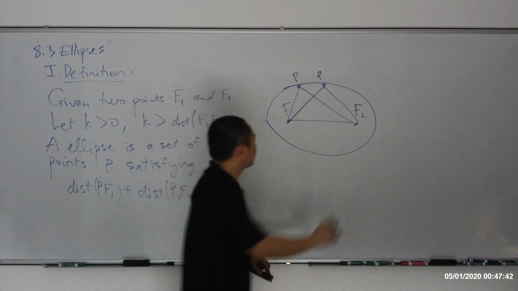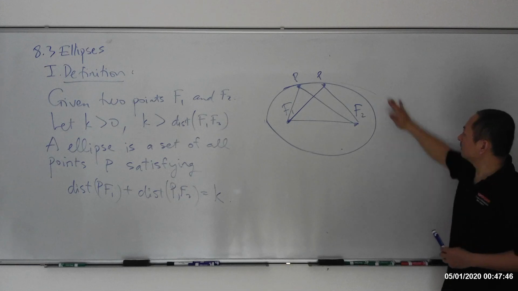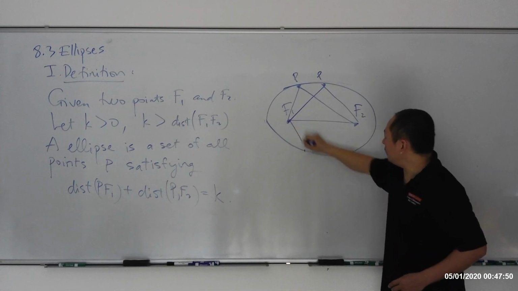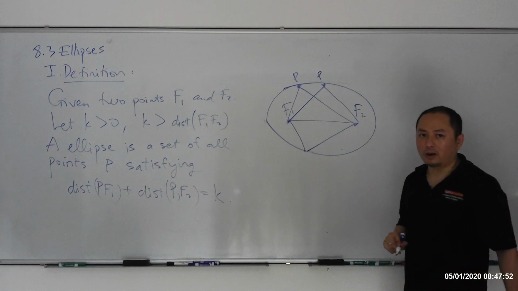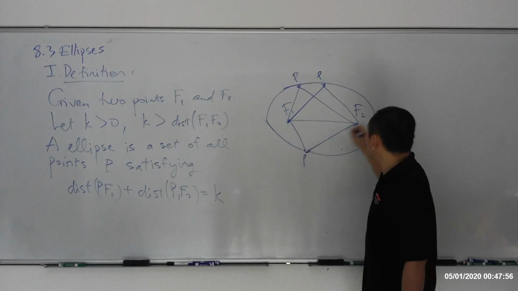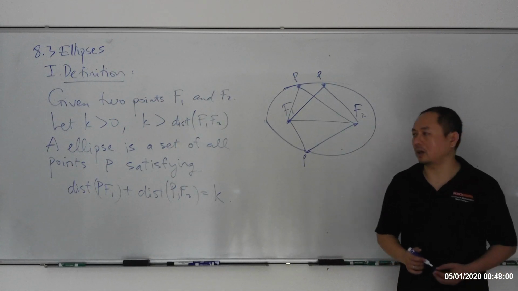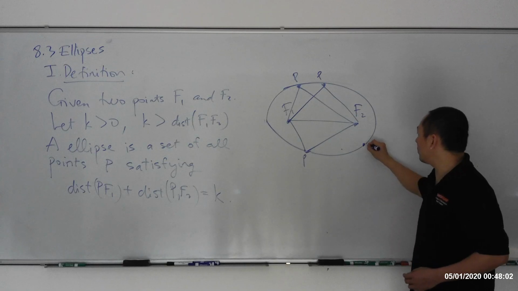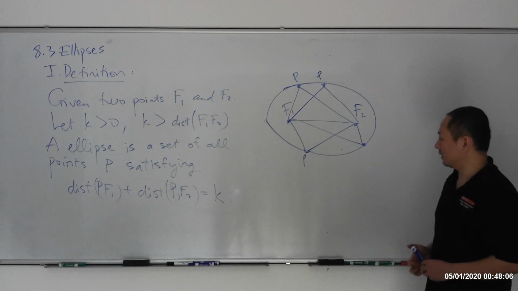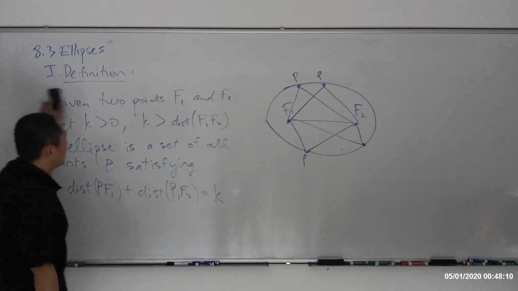Any point P on the ellipse, if you calculate the distance from P to F1 and add the distance from P to F2, will have one common property: it's equal to a constant K all the time. Doesn't matter where you plot P, we have the same total distance. That's the definition of the ellipse.